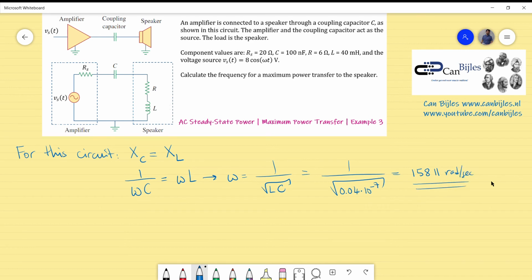If I want to convert this to frequency, I have omega divided by 2 pi, which is 15,811 divided by 2 pi, close to 2,516 hertz. So if you operate your system at this frequency, you will have the maximum possible power transfer to the speaker.